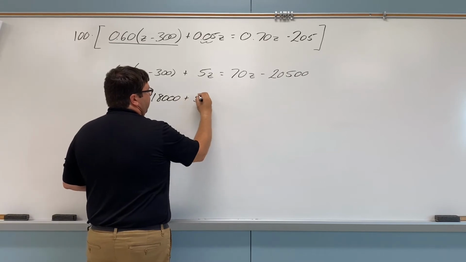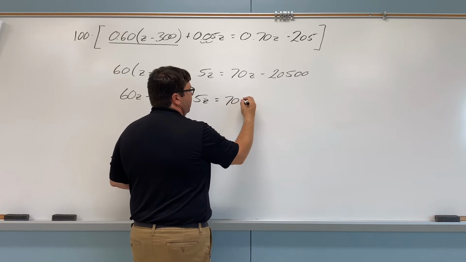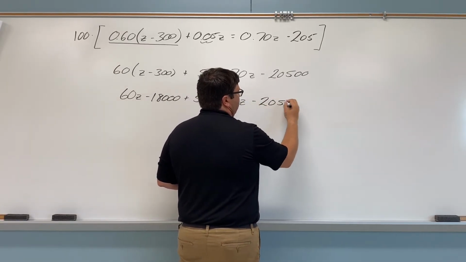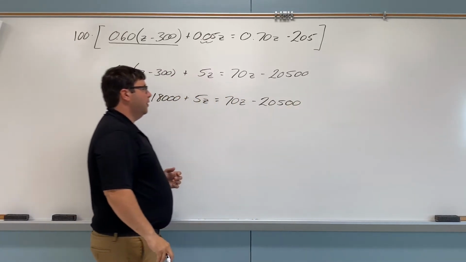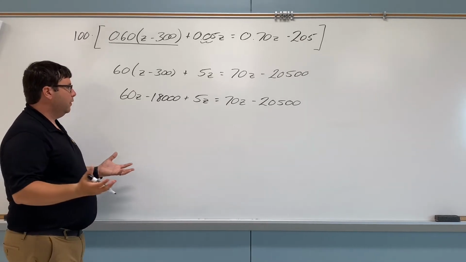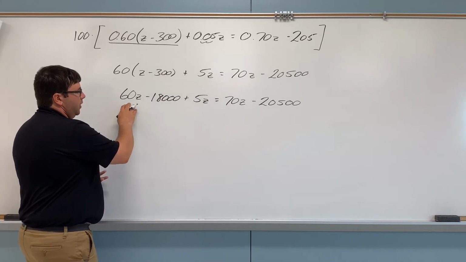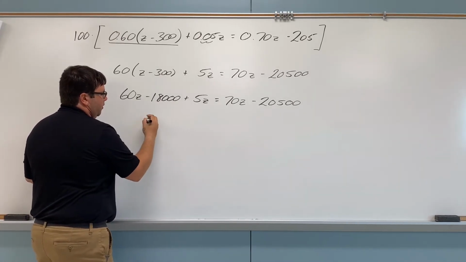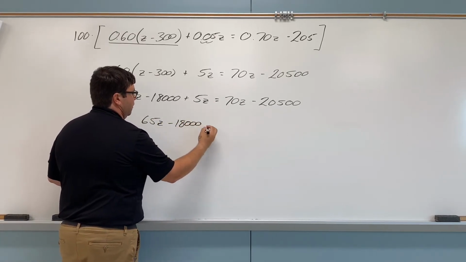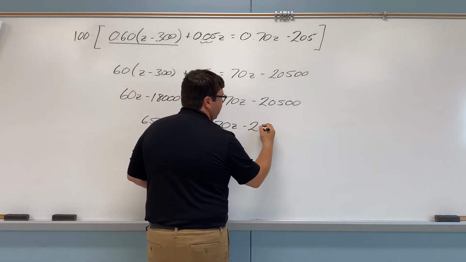Plus our 5z, nothing changed here, is equal to 70z. And nothing changed here, minus 20,500. We have a lot of z's in this new problem, now that we've simplified a little bit. So we want to combine our like terms. You can go ahead and just take this step right here. You have 65z minus 18,000 is equal to 70z minus 20,500.